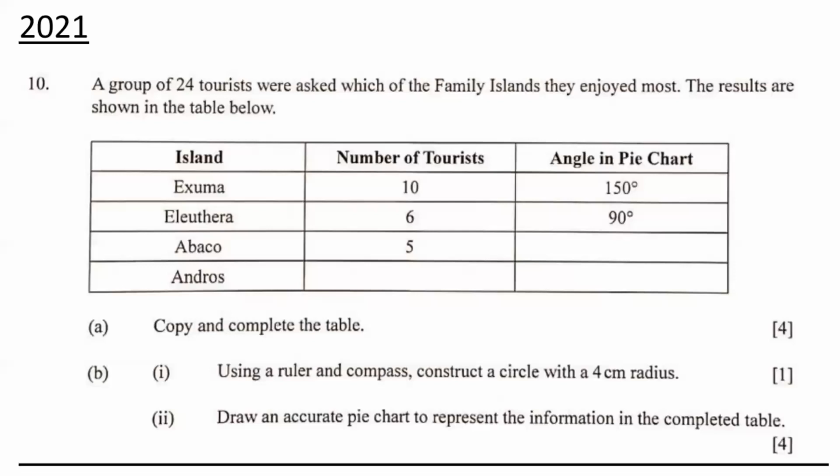Okay, so we're back, and this is the complete question. As you can see for part B(i), it says using a ruler and compass, construct a circle with a 4 centimeter radius. And then the second part says draw an accurate pie chart to represent the information in the completed table. So we completed the table already.